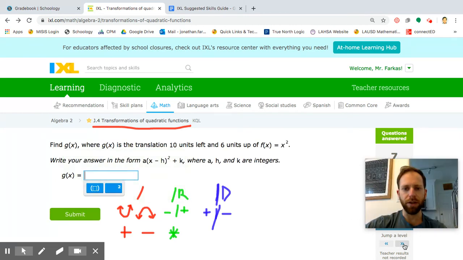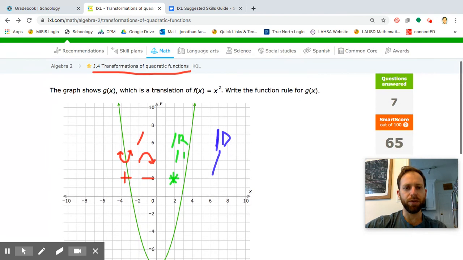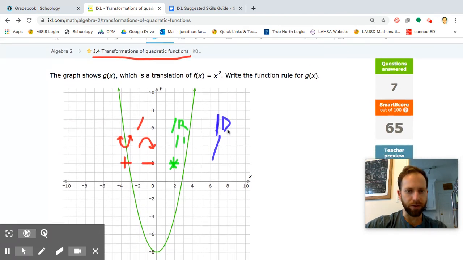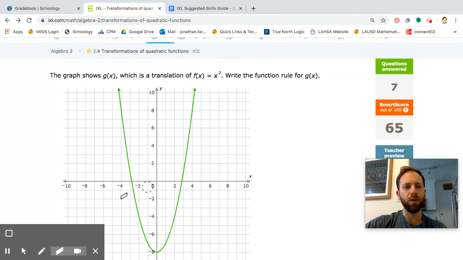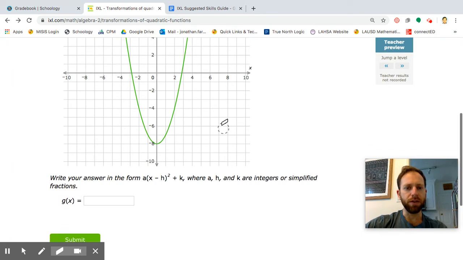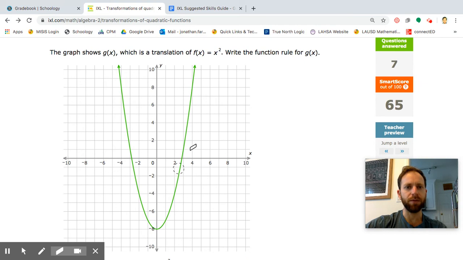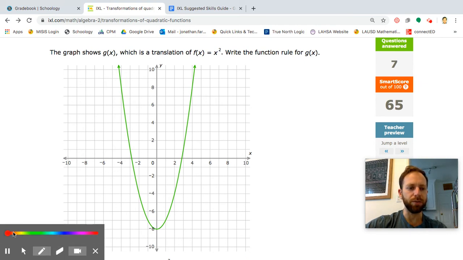Let's jump to the next level. Now see, once you get to this level, I'm going to clear the screen so this isn't all in the way. Once you get to the next level, once you get to 65, you're going to need to write the equation from the graph. So let's just think about how this was moved around, right?